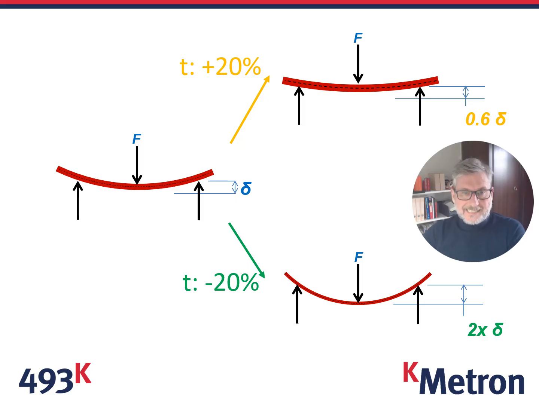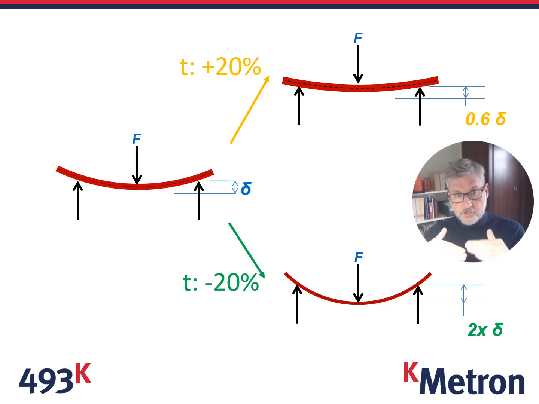If we take the accepted industry standards as an example, and we have a simple beam, if we increase the thickness by 20%, so you remember we talked about a 10 millimeter thick beam, if we increase it to 12, the deflection reduces to 0.6 of the original deflection for a 10 millimeter part.